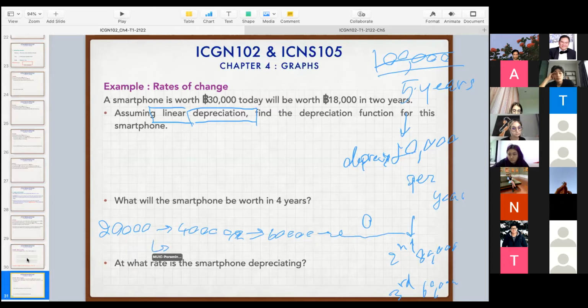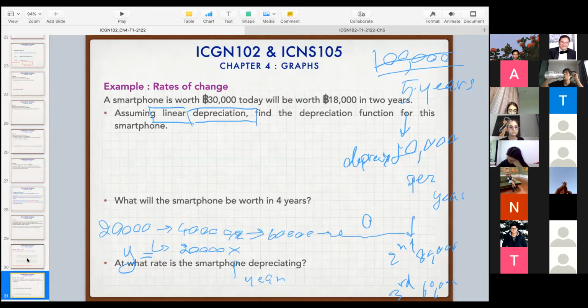If we turn it into a function, the linear depreciation function here is 20,000x, while x is the number of years.